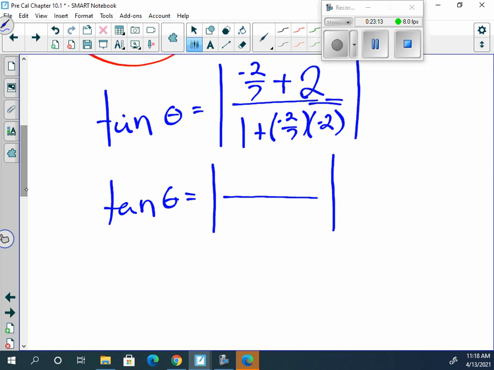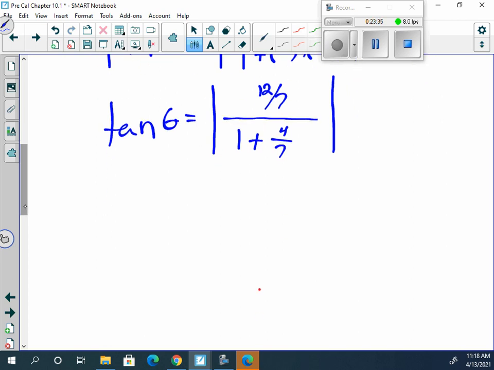Now, negative 2/7 plus 2, well, 2 is 14/7, so this will be 12/7 divided by, well, because that's going to be 7/7, 7 plus 4 is 11.